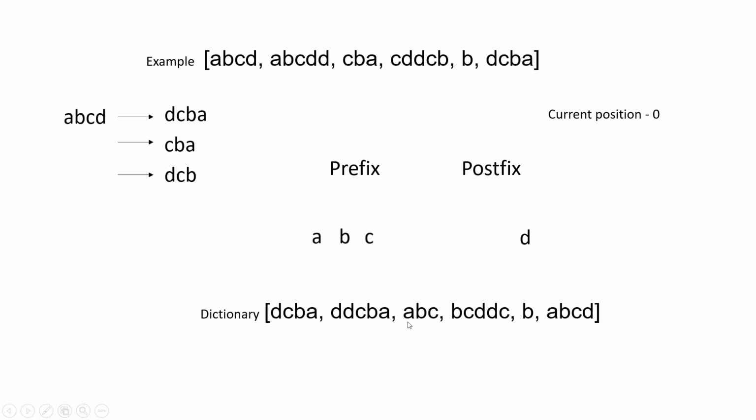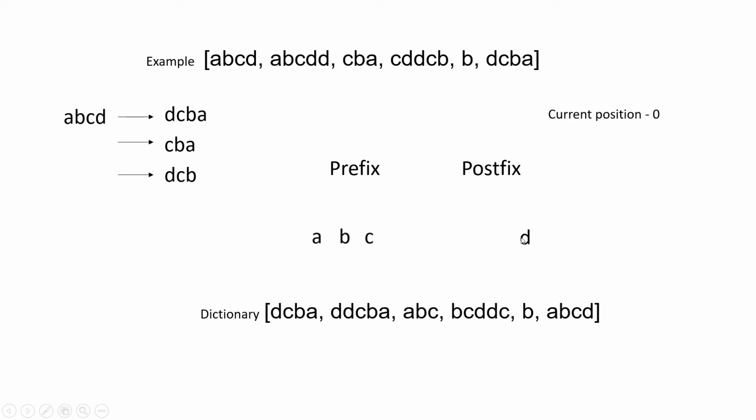Yes, ABC is there. So is our postfix a palindrome? Yeah, it is a palindrome. A single letter is a palindrome. Our current position, which was 0, and the position of this ABC, which is 2, we add that to our answer.